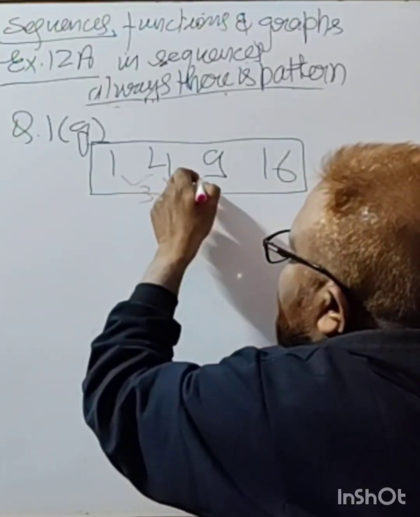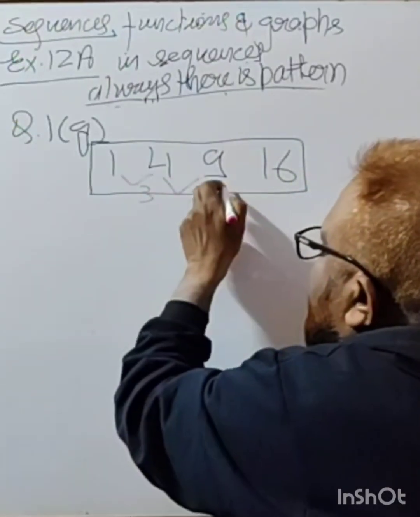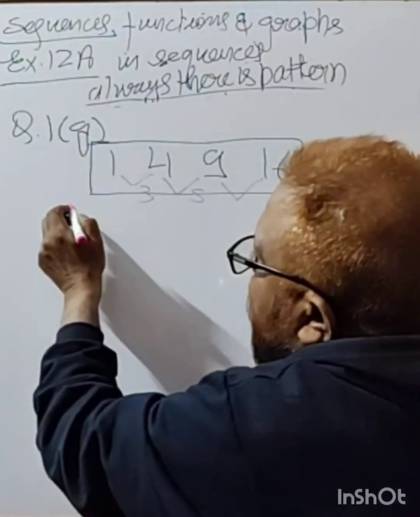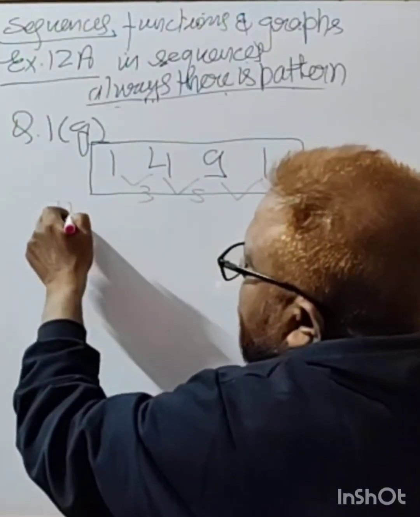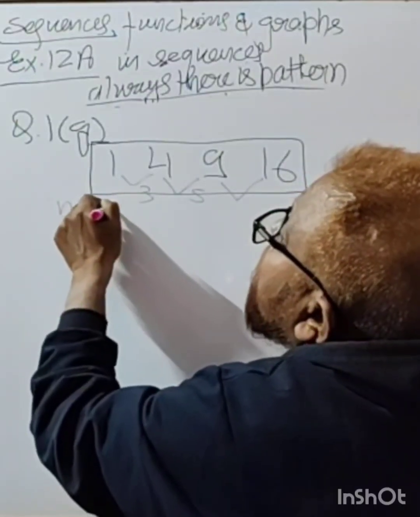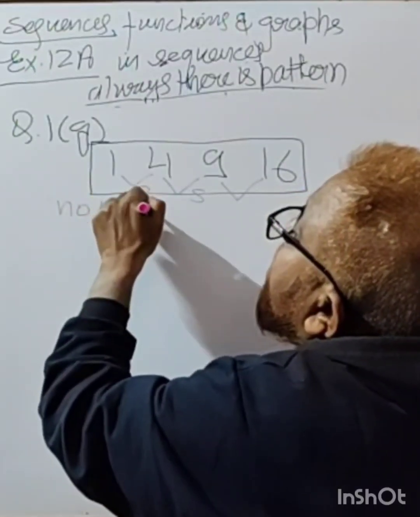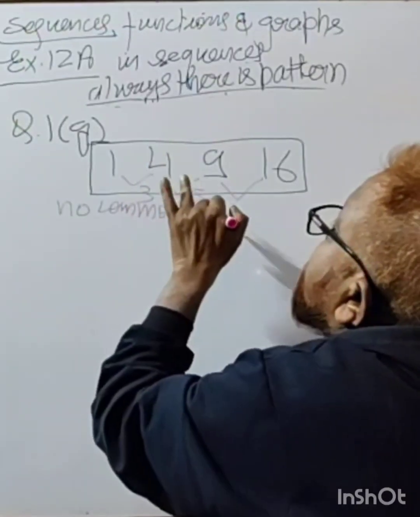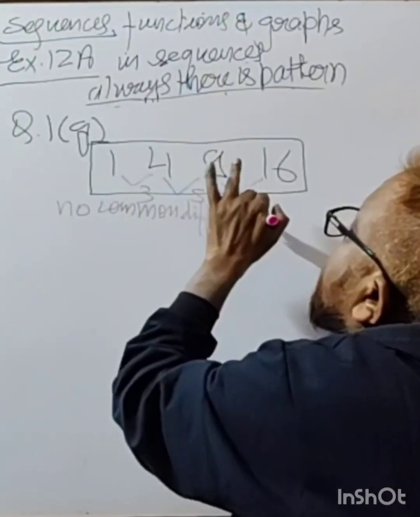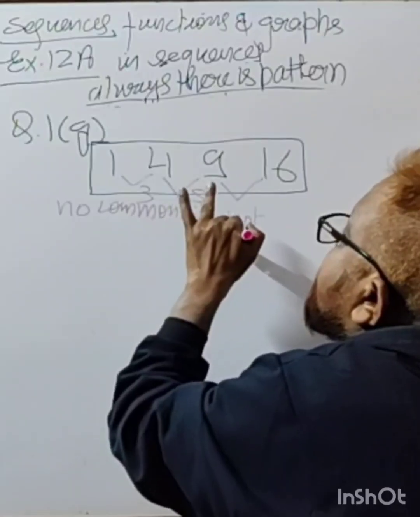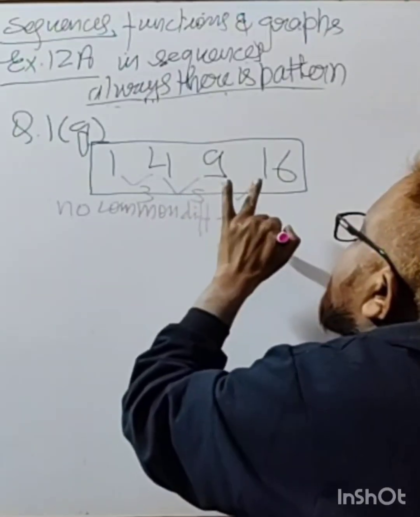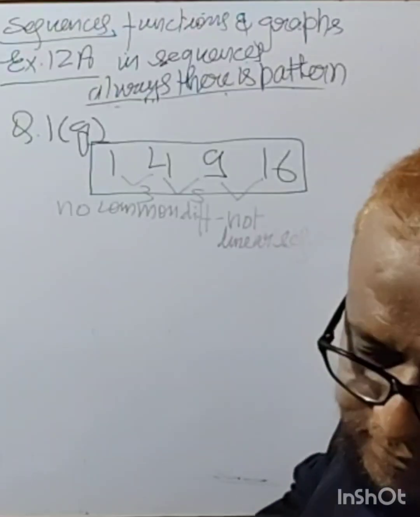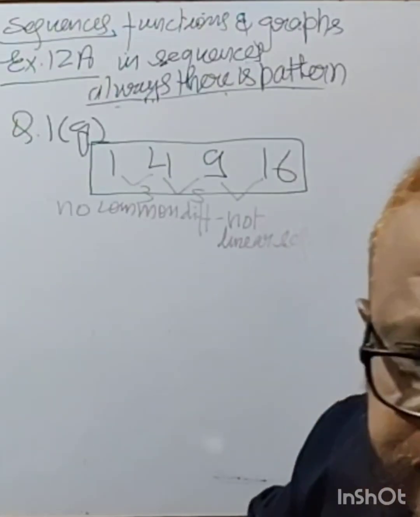Between these two the difference is 5. Between these two, it means no common difference. So not a linear sequence. Right? Is it visible?